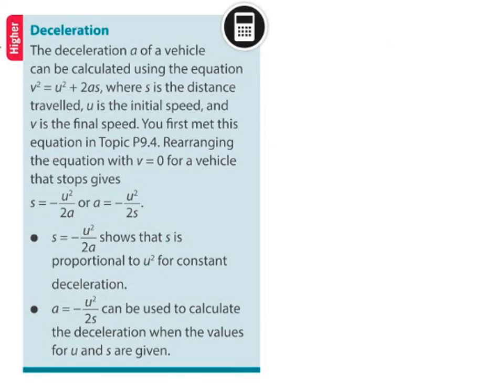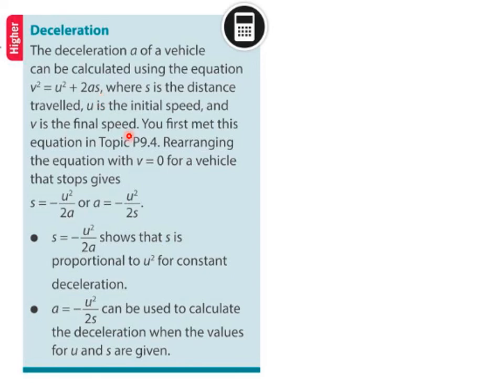And our final bits before we move to summing up would be these ones. We can use that equation for final velocity and initial velocity relationship in order to calculate either distance travelled or the acceleration, i.e. the deceleration of a vehicle. So if you have a look at this, v squared is equal to u squared plus 2 times the acceleration, so deceleration in a braking situation, times the distance that it occurs across.